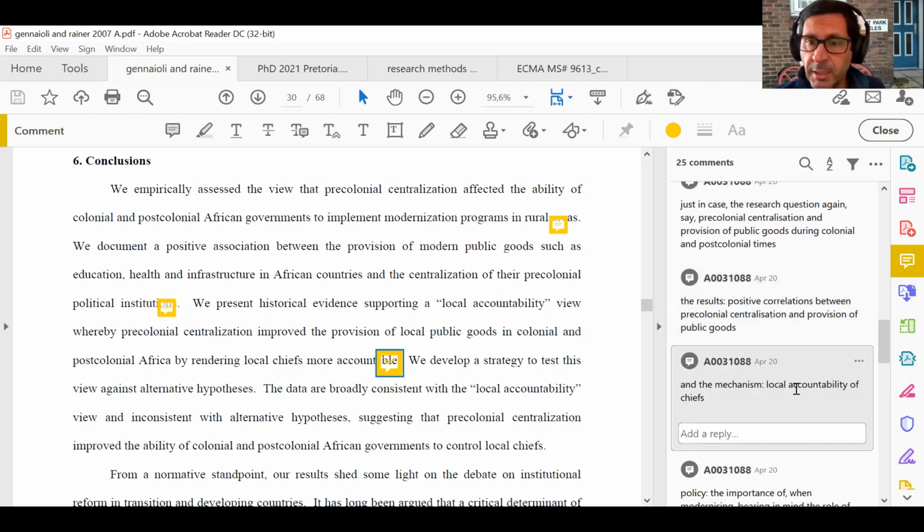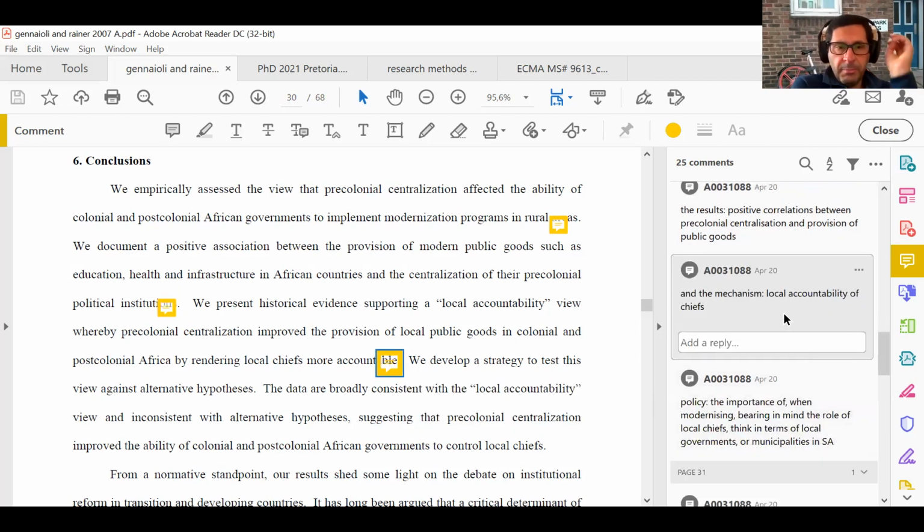Well, because there is a mechanism, which is the local accountability of chiefs. The existence of pre-colonial institutions would put some pressure on chiefs in terms of making sure that public policies such as modernization programs in terms of health and education would actually be implemented. There was essentially an incentive mechanism for local chiefs to behave well.